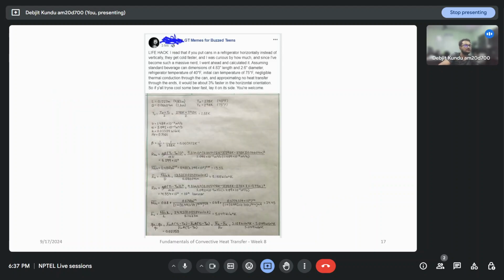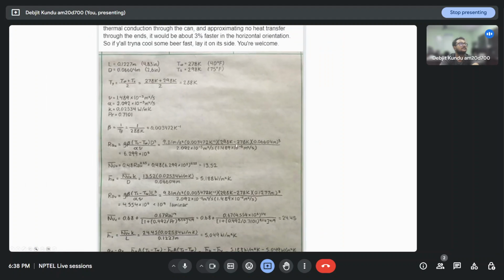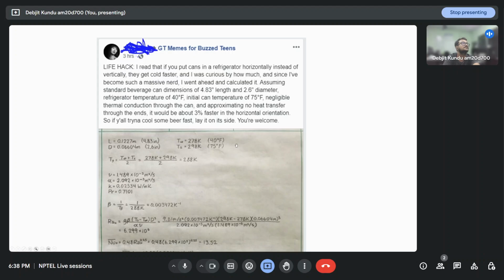I got this solution from the internet. I'll zoom in and show you the results. These pertain to some particular numbers. This person says standard can dimensions, related to a can of a cold drink or beer, are 4.8 inches in length and 2.6 inches in diameter.